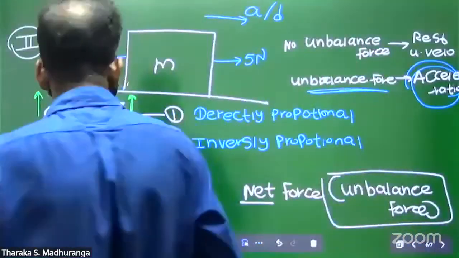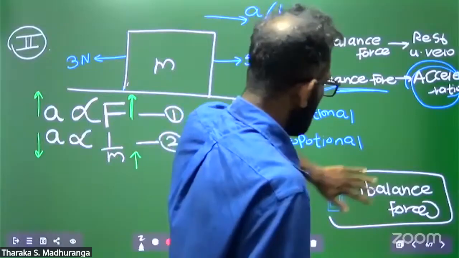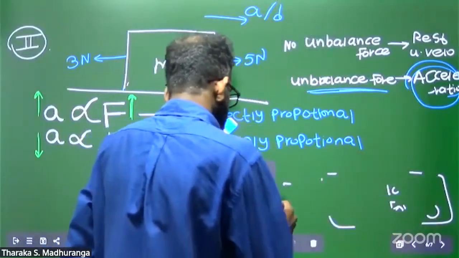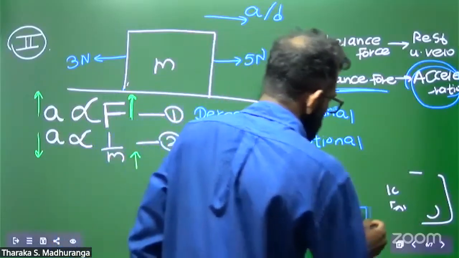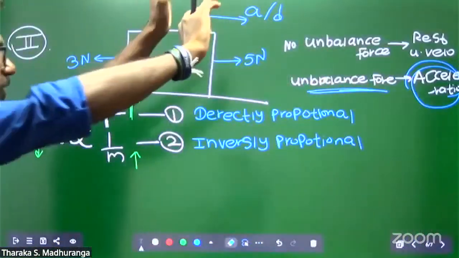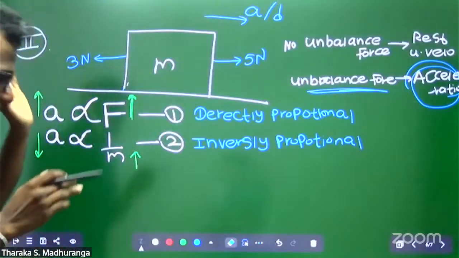Now you can understand how we explain Newton's second law. Simple, eh? Now summarize our two theories.